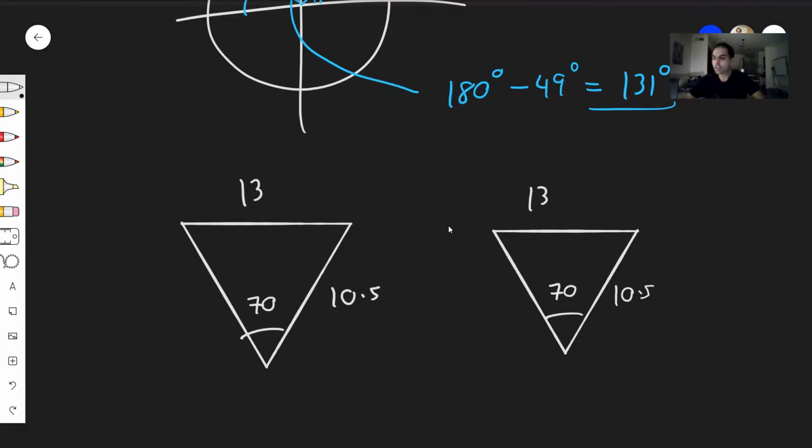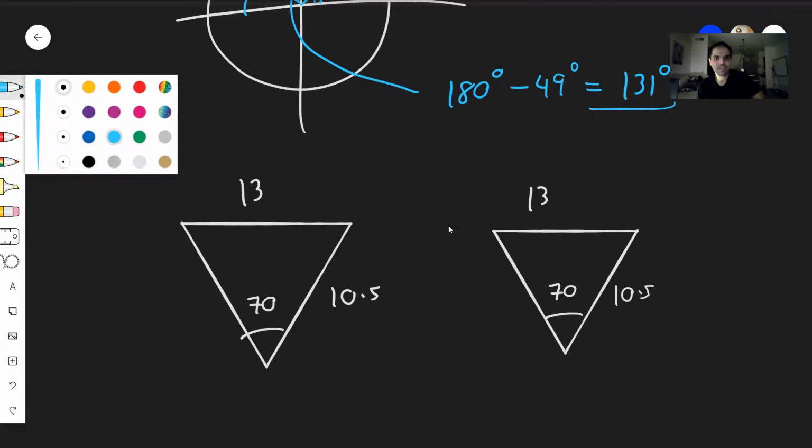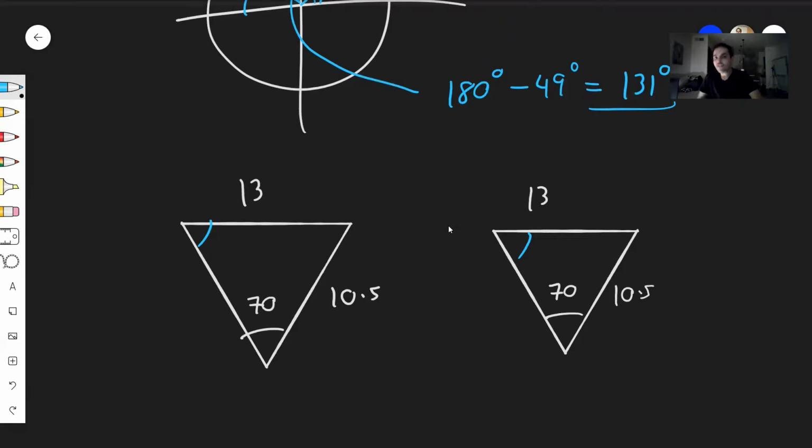All right. And again, our goal was to find this angle, first of all. And we actually found it. We found two possible scenarios. One was 49 degrees, and the other one is 131 degrees.